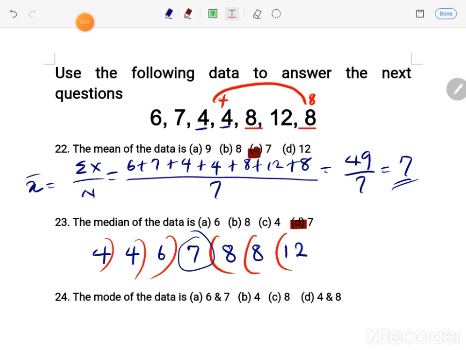So the mode of a distribution can be 1, they can be 2, they can be 3, and more. If we have 2 modes, like we have in this distribution, we refer to the distribution as a bimodal distribution. Therefore, the modes of this distribution is what we have in D. We have 4 and 8.